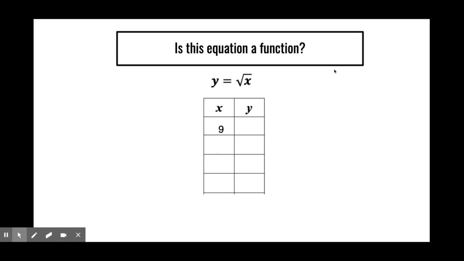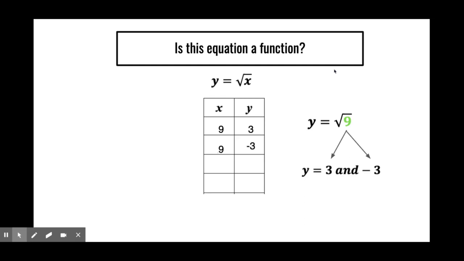Now, if we wanted to try another equation, we have y equals the square root of x. Here's my input of 9. I'm going to plug 9 in, and we know that there's going to be 2 answers to this. When we take the square root of 9, we have the answer of 3 and negative 3.